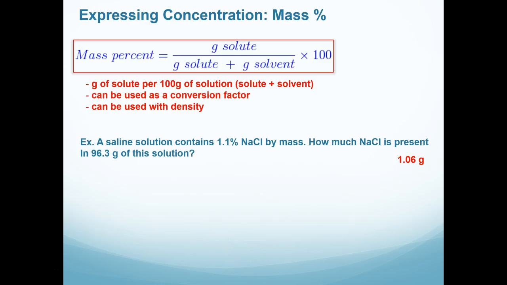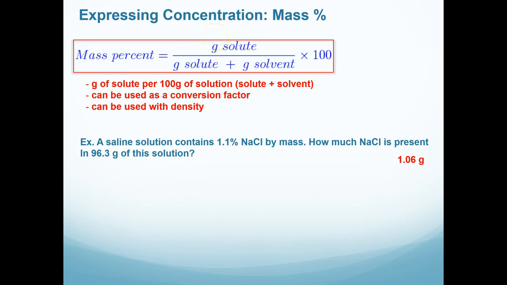Okay. If we're thinking about things that are dissolved in water, one way that we can express this is using concentration. How watered down or how concentrated something is can be expressed as a mass percent. A mass percent is going to be the grams of solute.